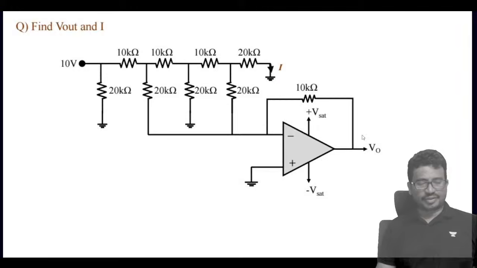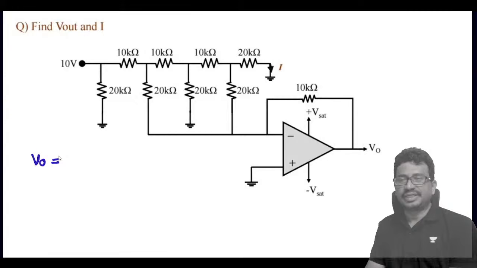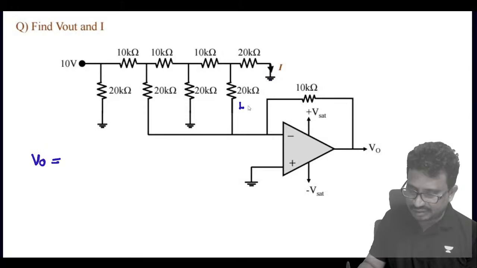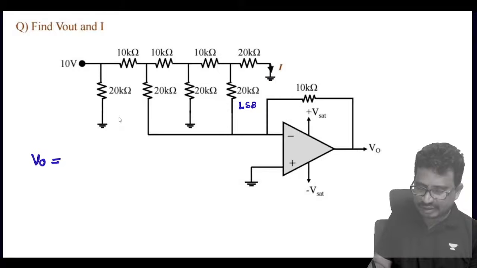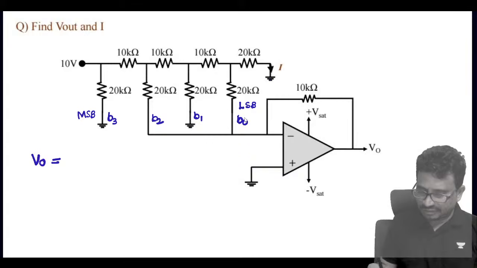V out equals K G D. Here this is the LSB and this is the MSB, so we have B3, B2, B1, and B0.